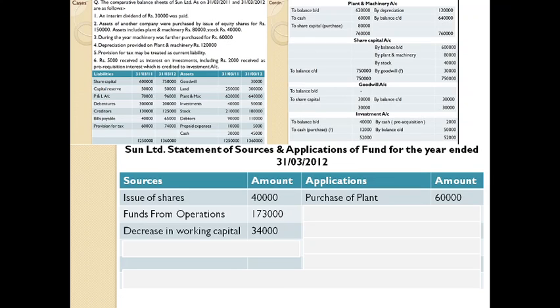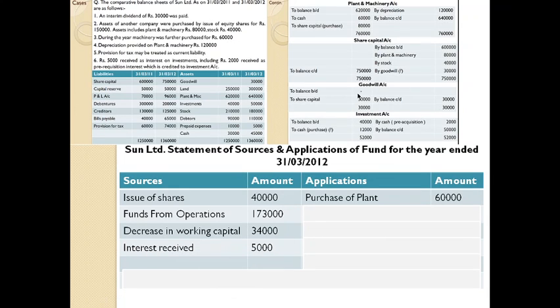Whenever shares are issued, it is considered as a source of fund. So by issue of shares, you have acquired stock. It is some sort of fund. Stock and cash all come under funds. In that sense, you can say that it is a source of fund. That's how this 40,000 came. So that account is over.